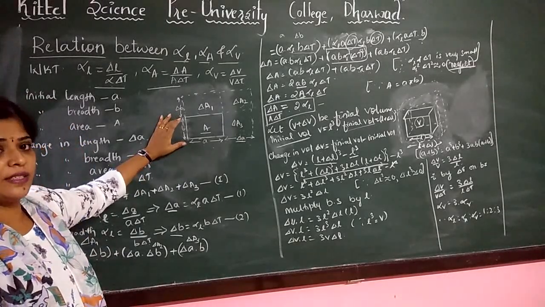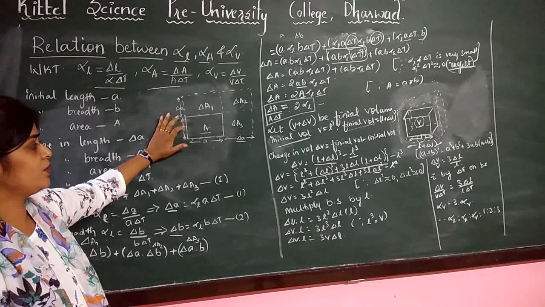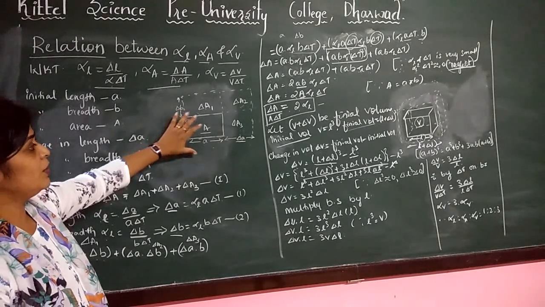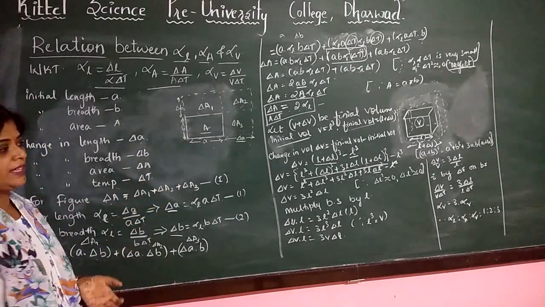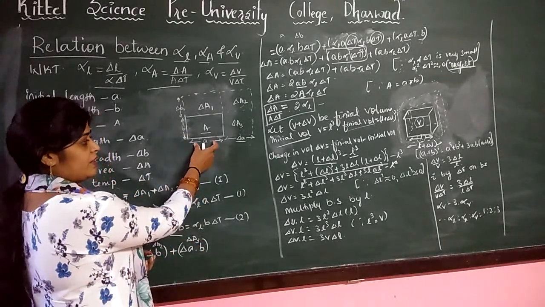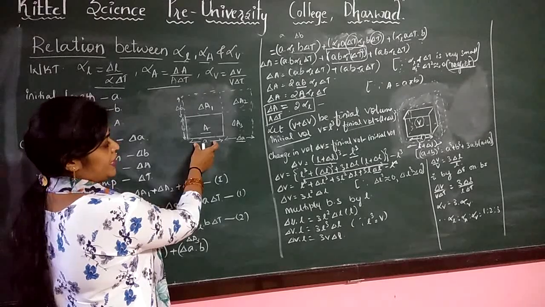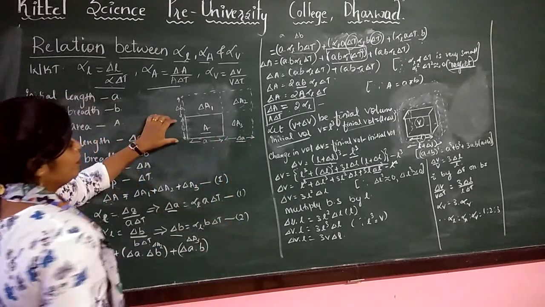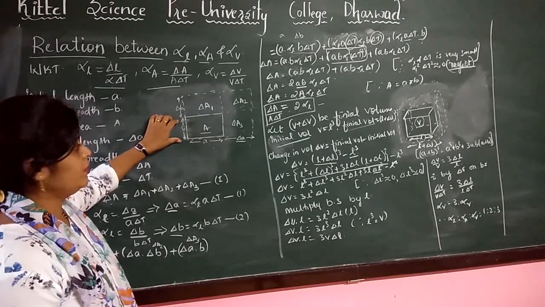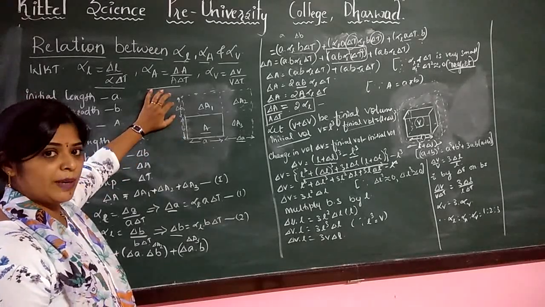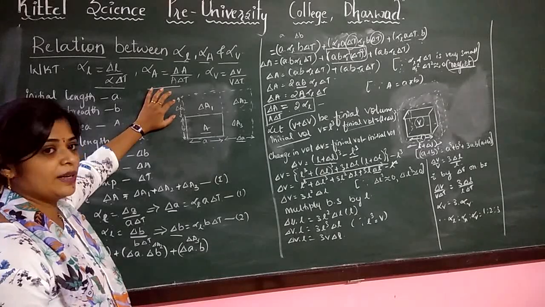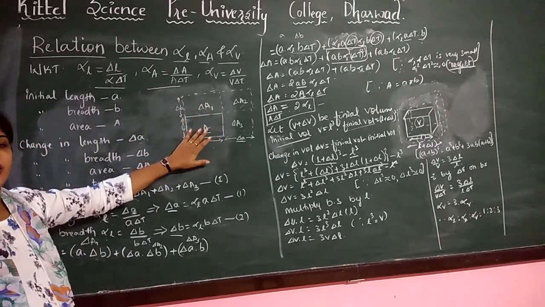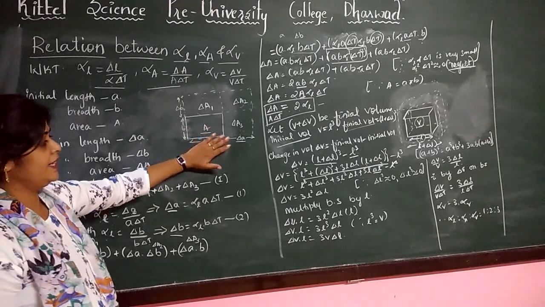When there is an increase in temperature, after application of heat, the length of this plate also increases. Initial length was a; when temperature increases, its length changes by delta a. Similarly, the initial breadth was b, and when temperature increases, its breadth changes by delta b. That is, there is an increase in area and an increase in length.